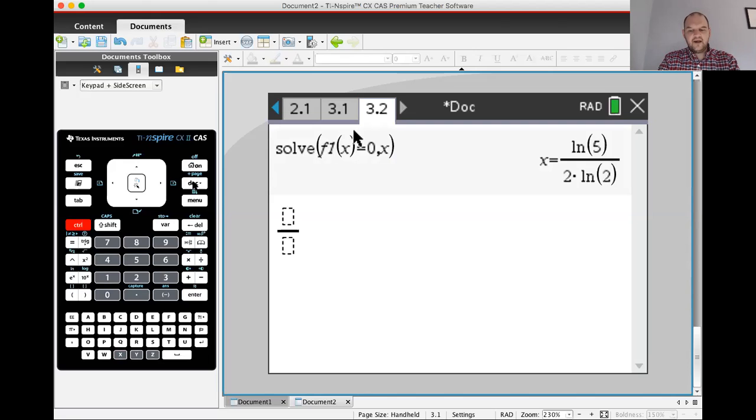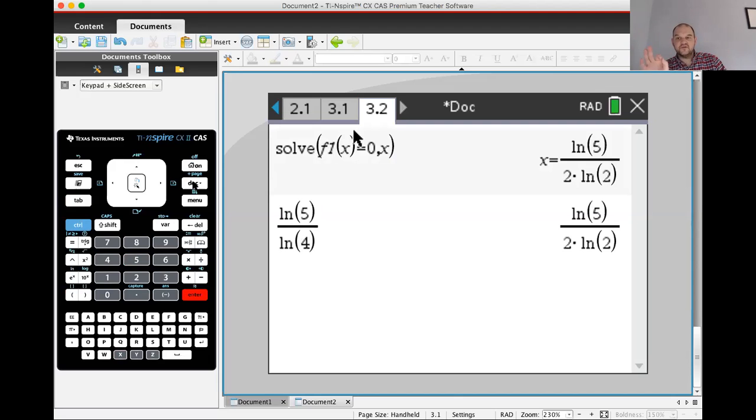I got the natural log of 5 divided by the natural log of 4. Let me just hit enter. Same thing. What's happening in that denominator is that the calculator is rewriting 4 as 2 squared, and then the exponent is becoming the coefficient. So 2 natural log of 2 is the same as the natural log of 2 squared, which is the natural log of 4. So we got the same value, which is this to 3 decimal places.